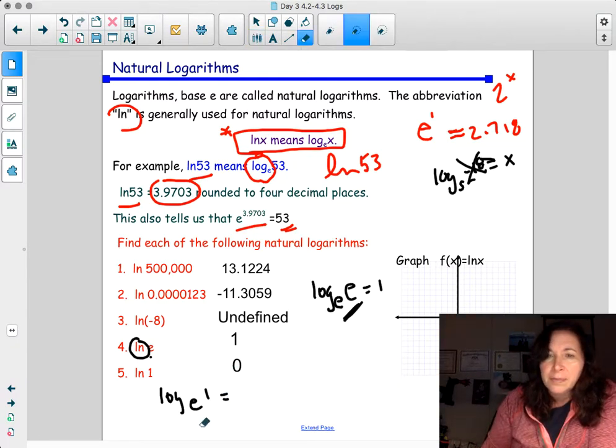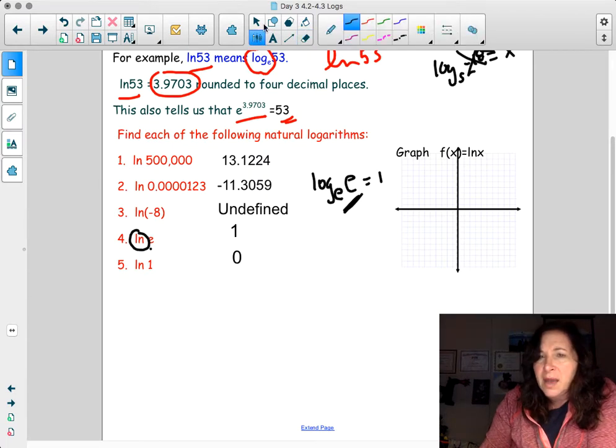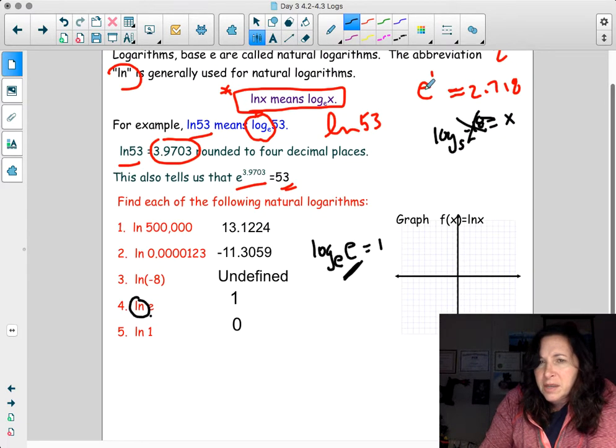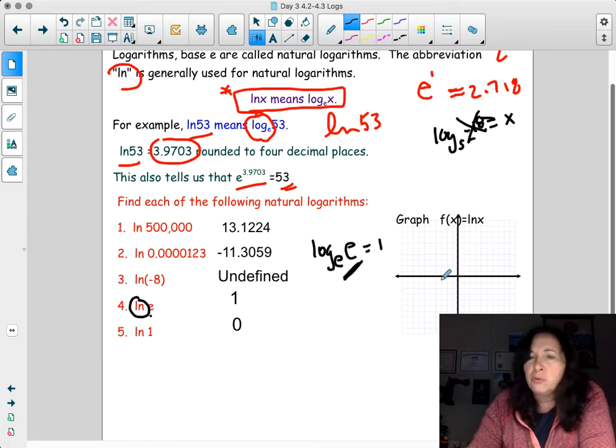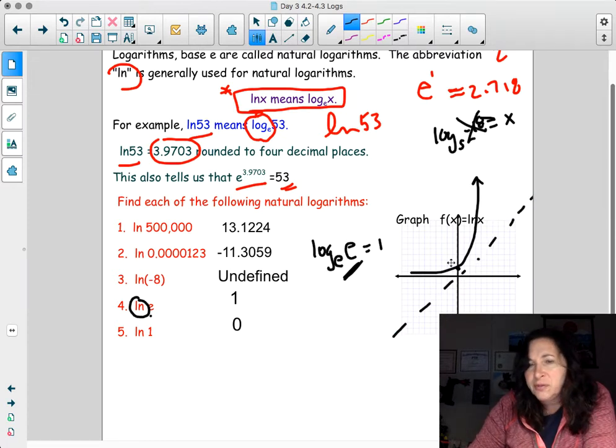The other thing I wanted to talk to you about is this graph, which says f of x is equal to ln of x. What we did talk about is that e to the 2.7 is going to be the inverse of ln. So if I graph e to the x power, it would look something like this, and ln of x is going to be an inverse of that.